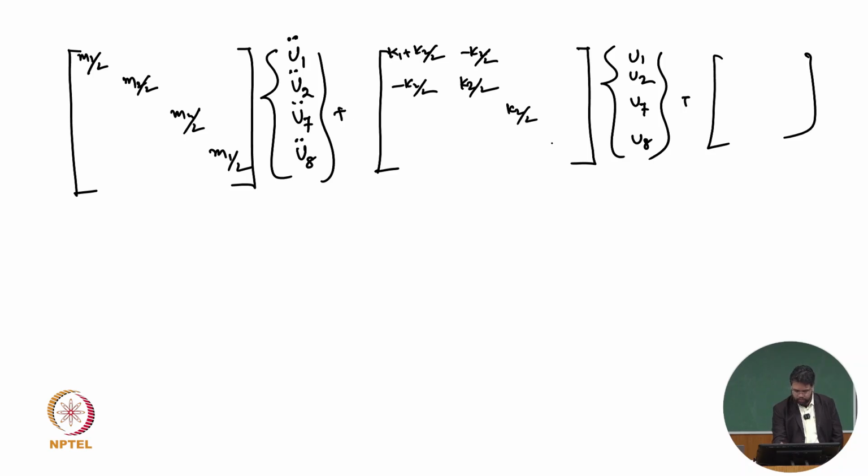Here also K2 by 2, K1 plus K2 by 2, minus K2 by 2, minus K2 by 2, and we will have plus ln, ln and ln, minus ln, minus ln.